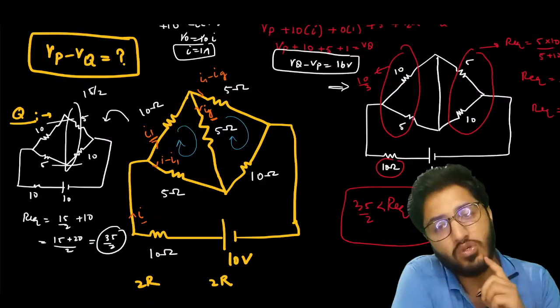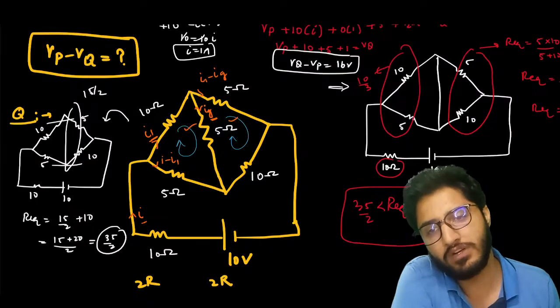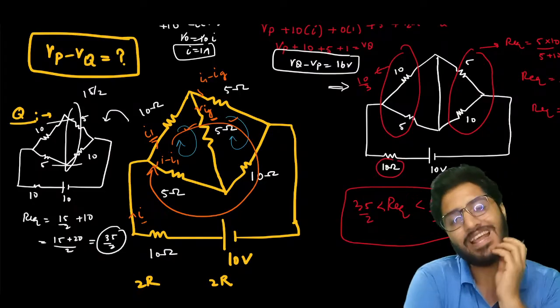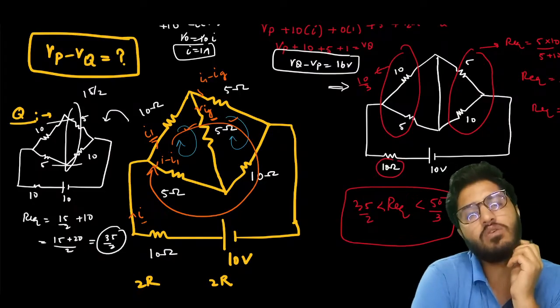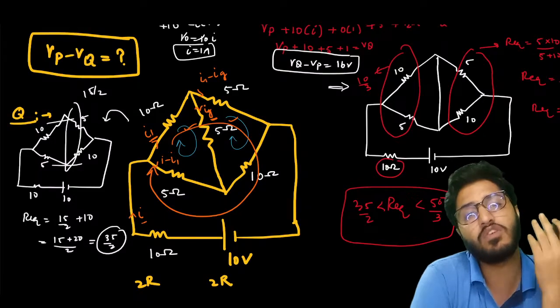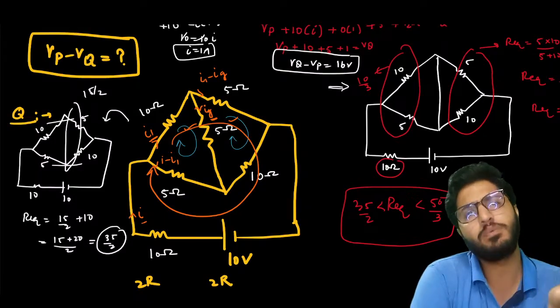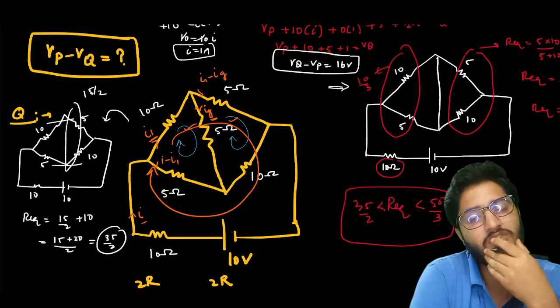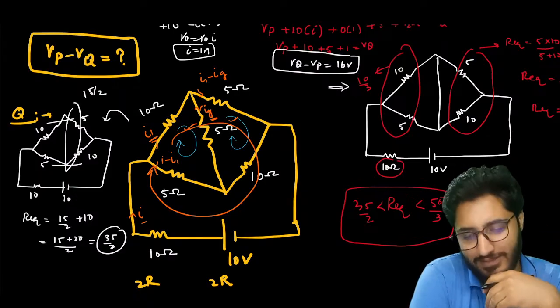So three variables, three equations, you can solve it, but that will be very lengthy. In examination, we know that we have hardly 1 or 2 minutes for lengthy questions, right? So we need to depend on these short tricks. That's why I'm giving you some short tricks also for these numericals.